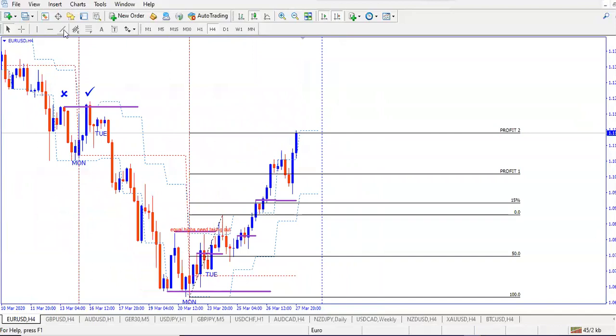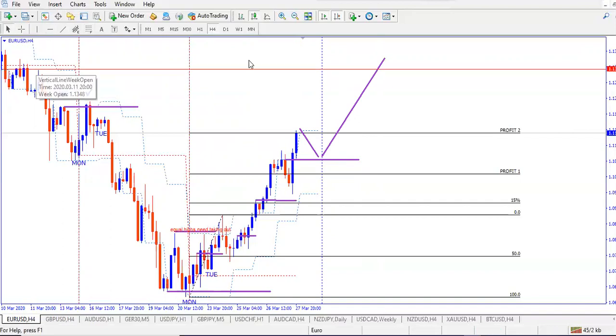If it's going to go higher, it's going to come down to this level here, and come all the way up here to take out at least this high here.